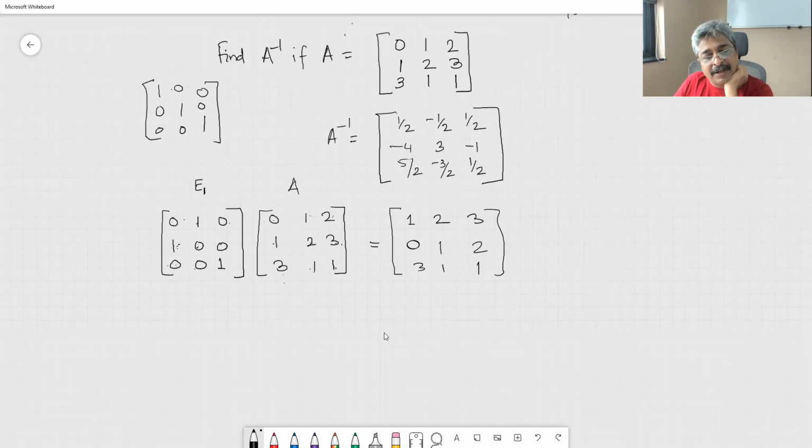Now, let us make the third row's first entry 0. If I want to make it 0, what should we do? What is the transformation that we used?